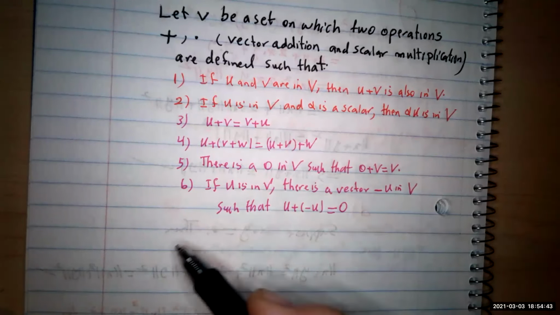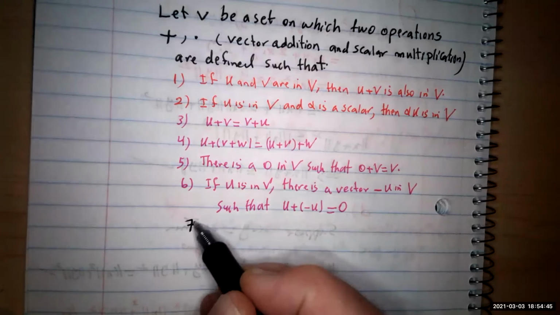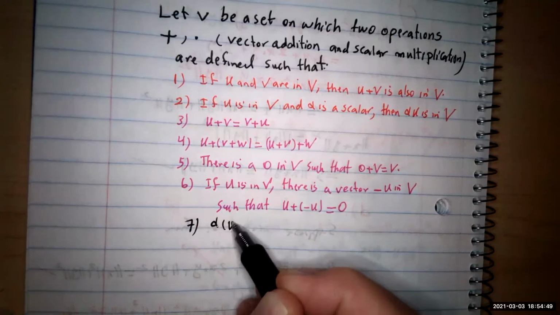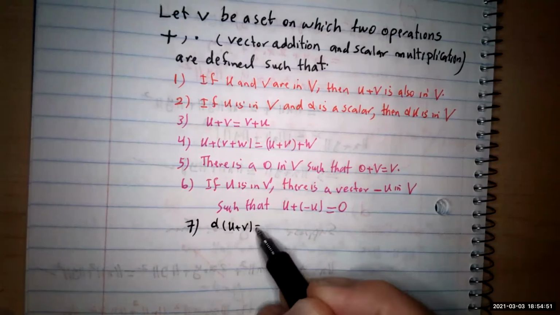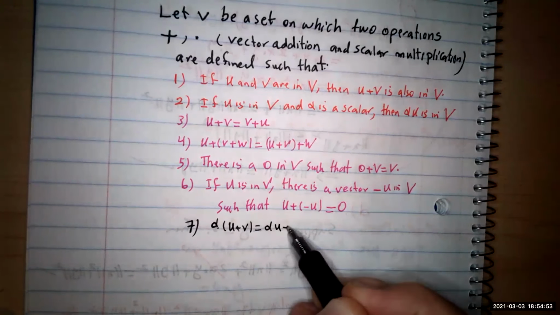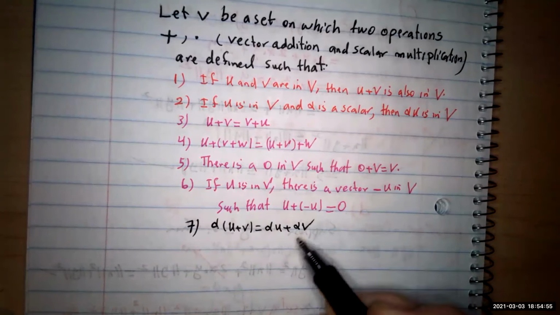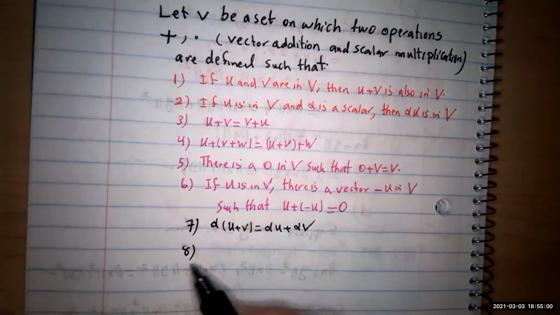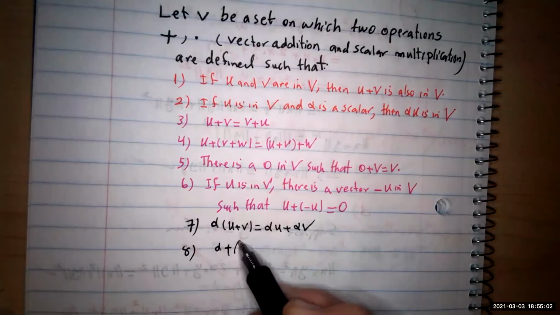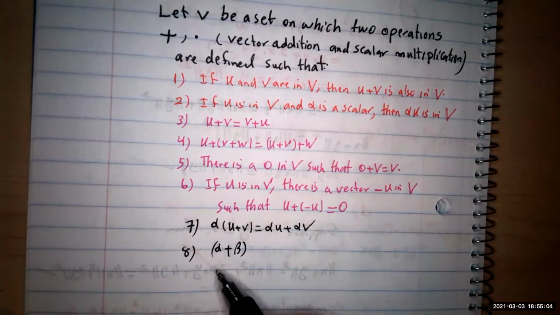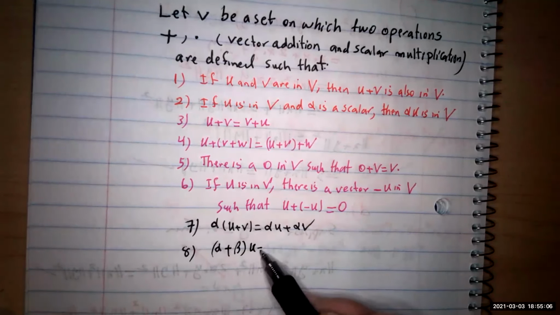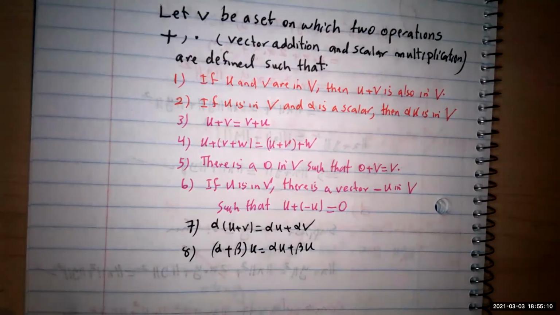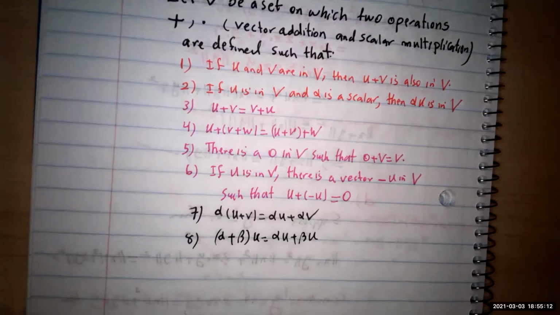Then the other properties are going to be properties of the scalars, numbers. If you multiply a number by the sum of two vectors, you can distribute it. You must have this condition. And if you have alpha and beta, both of them scalars, and you multiply by u, that gives you alpha u plus beta u. These are all the scalar properties.